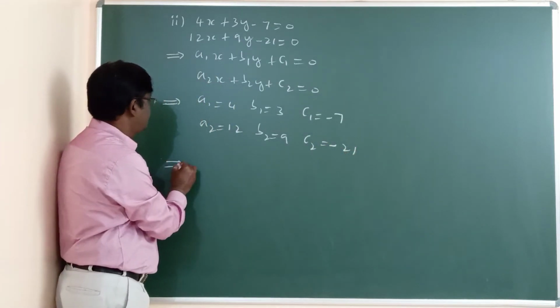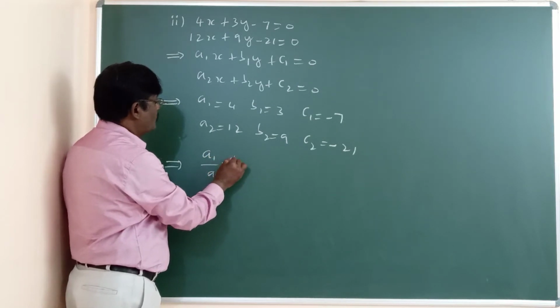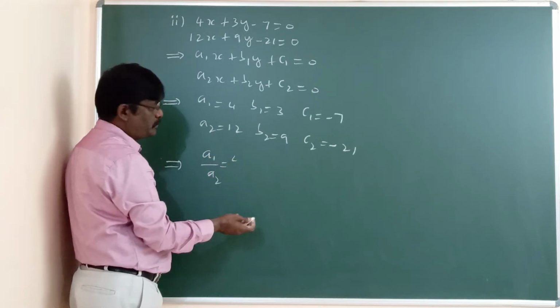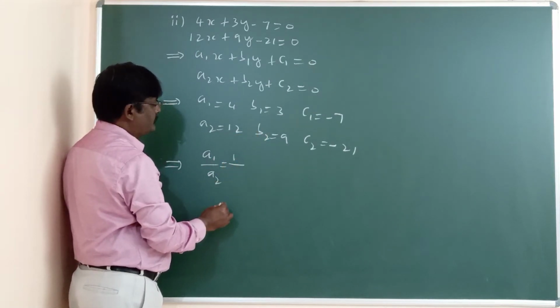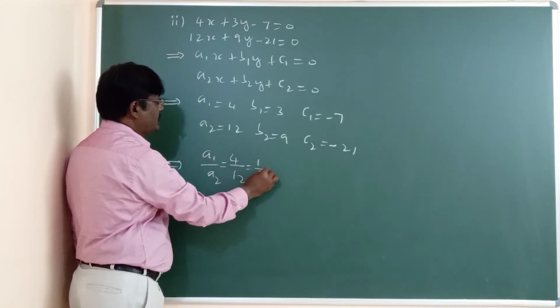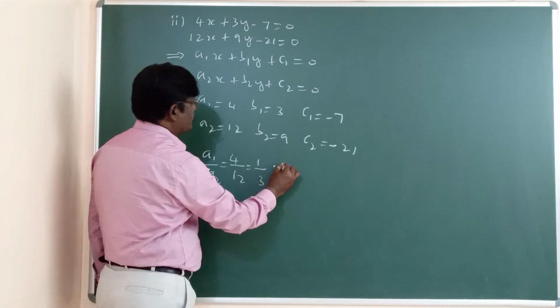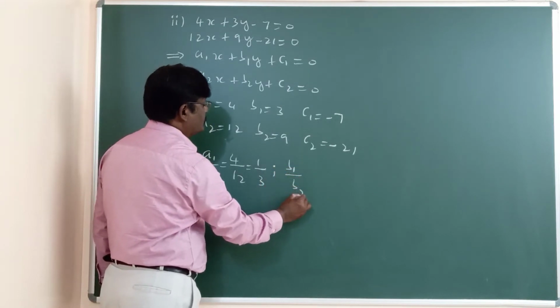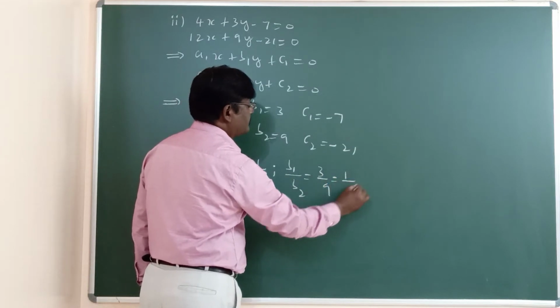Hence now let us find the ratios. a1 by a2, 4 by 12, simple division, 1 by 3. Next, b1 by b2, 3 by 9, 1 by 3.